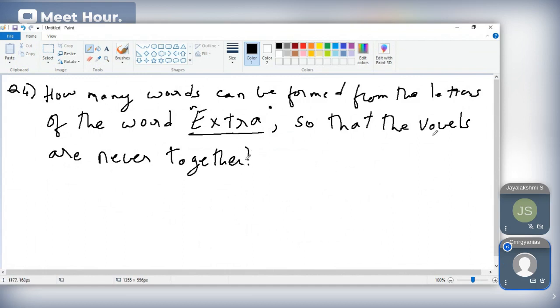The vowels should never be together. This is the condition. So try solving this. Previous question we did vowels together. This is vowels never together.